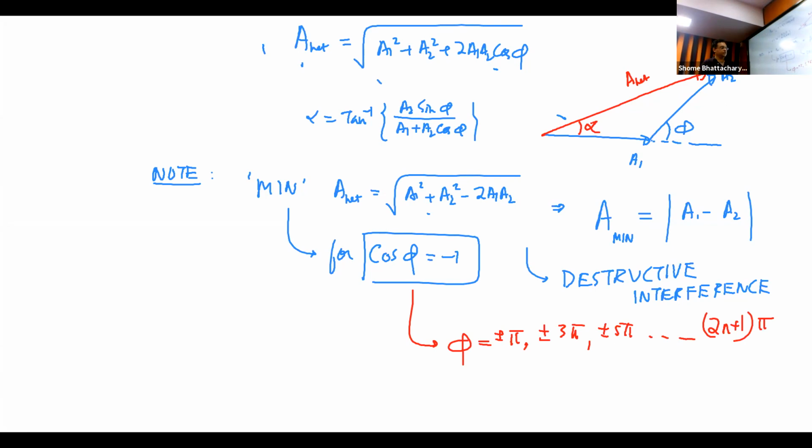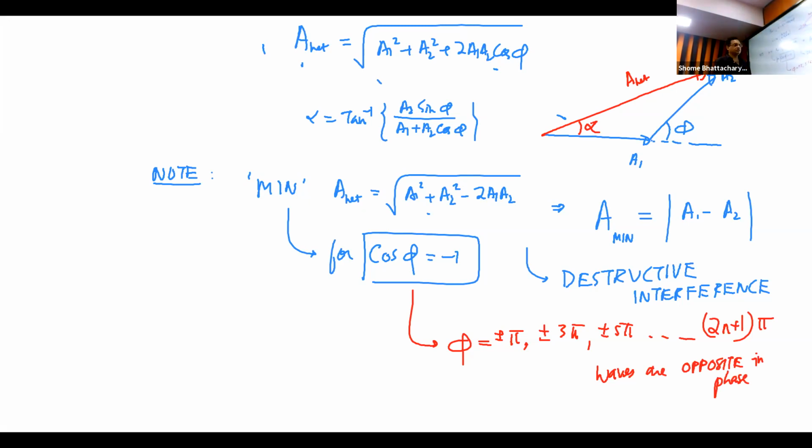When this happens, we say that the waves are opposite in phase. Opposite in phase basically means that the crests and troughs of the two waves superimpose.